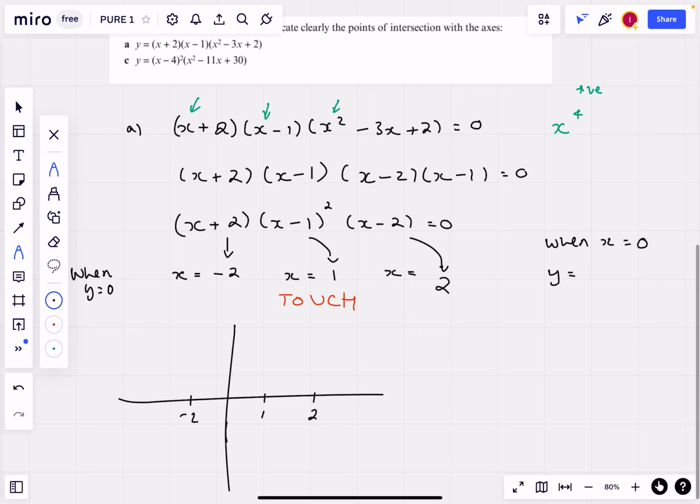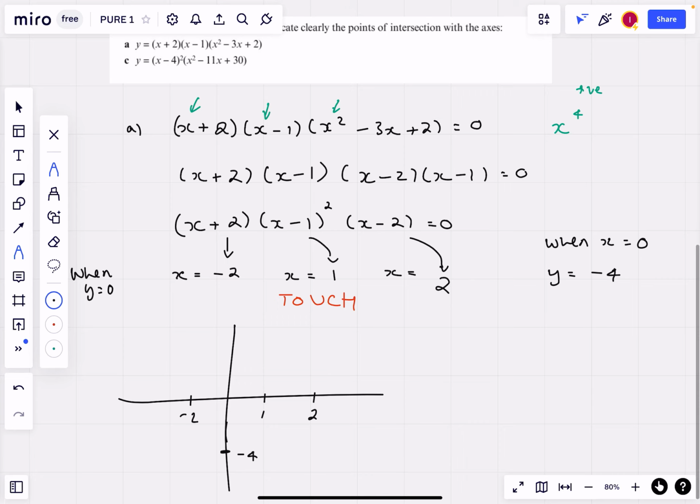Can you try subbing in x equals 0 into this function? Whatever's inside the bracket, all those x's, make that equal to 0. What would that result in? That's going to give you minus 4. 2 times minus 1 times 2 gives you minus 4. So it's going to intersect at minus 4 there.